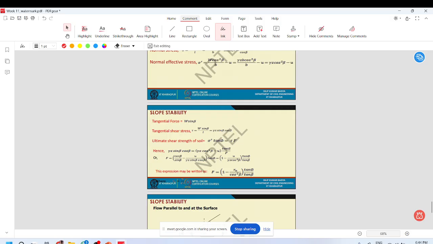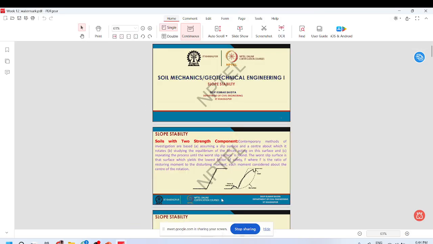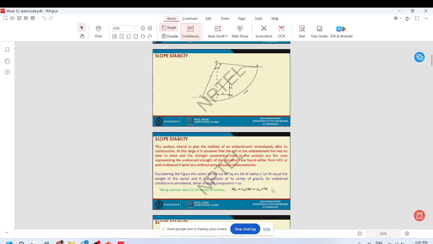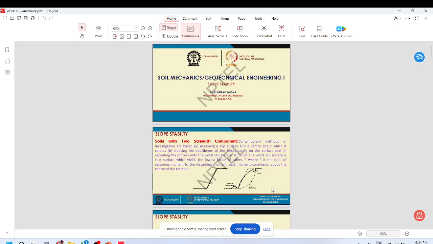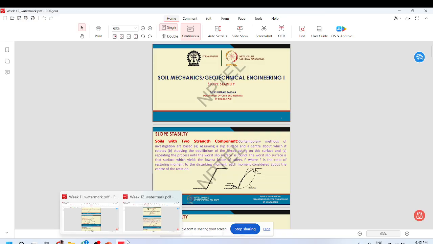But in C-phi soils, you have a C component also. So you will have a more complicated case. Usually this kind of infinite slope failure is more common in granular soils. But in soils that have cohesion, you have a different kind of failure. You have a circular failure that can be a completely circular failure.